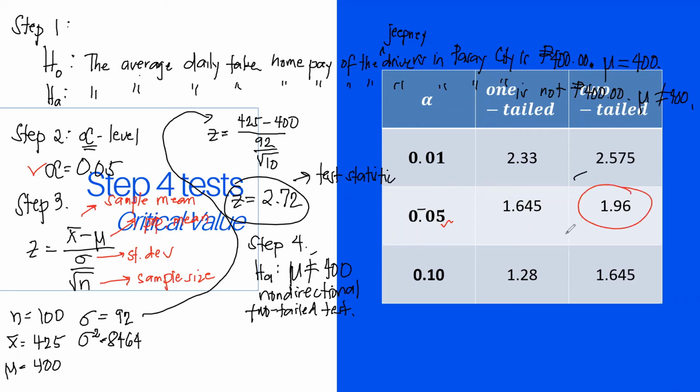So find their intersection, and we will have 1.96. Therefore, our critical value for this example is 1.96. So that is for step 4, but we're not done yet.